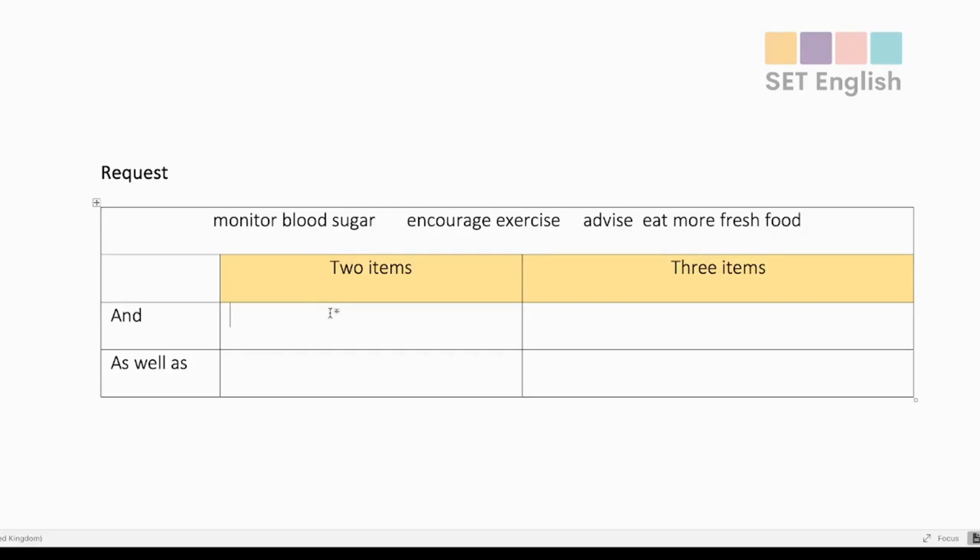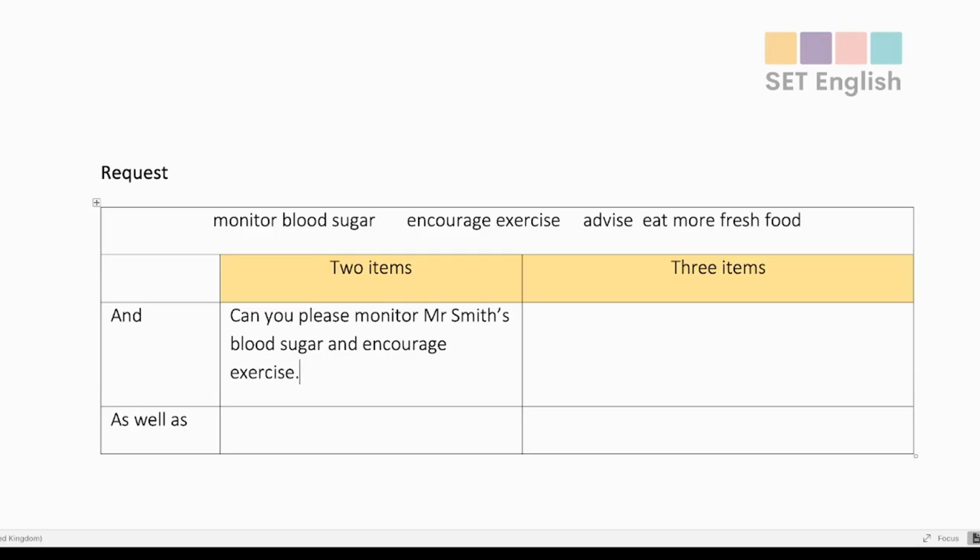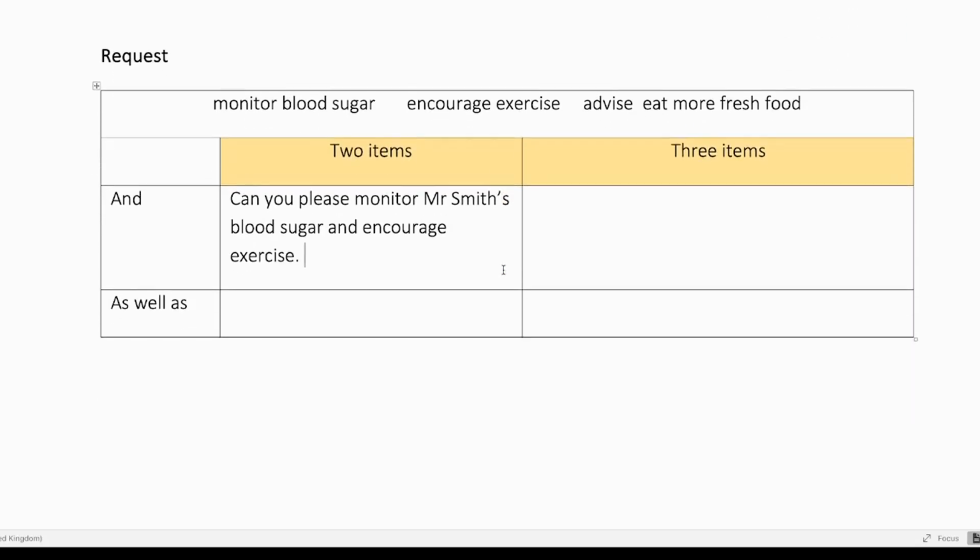I'm writing to a nurse and I want the nurse to do these 3 things. Okay, I want the nurse to do this with Mr. Smith. Okay, so can you please monitor Mr. Smith's blood sugar and encourage exercise? All right, okay, so we're encouraging him to do exercise. Let's scroll up so we've got some more room, okay? Now that's great.